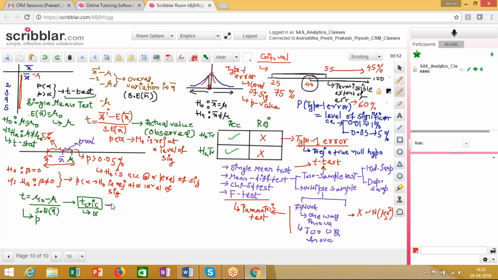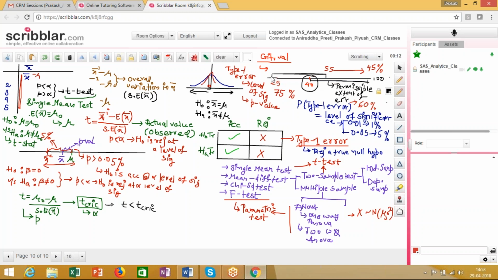So in that case, what happens is T is less than T critical. If T is less than T critical, that means that the distance which T has suggested between mu and mu zero, if I consider the difference to be significant, then there is always a greater chance of committing a type 1 error.